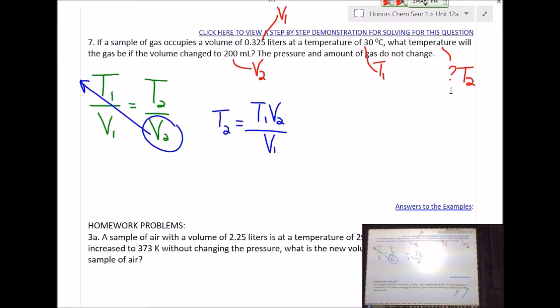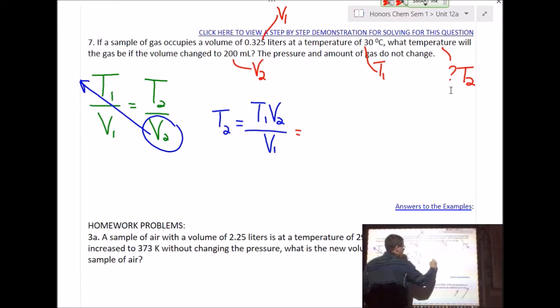And then looking at the numbers, to be able to cancel out units, they have to be the same unit. Here, for my volumes, I have liters and milliliters. It's up to you. If you want to change the liters to milliliters, that's cool. If you want to change the milliliters to liters, that's cool. I like liters, so I'm going to leave this alone.